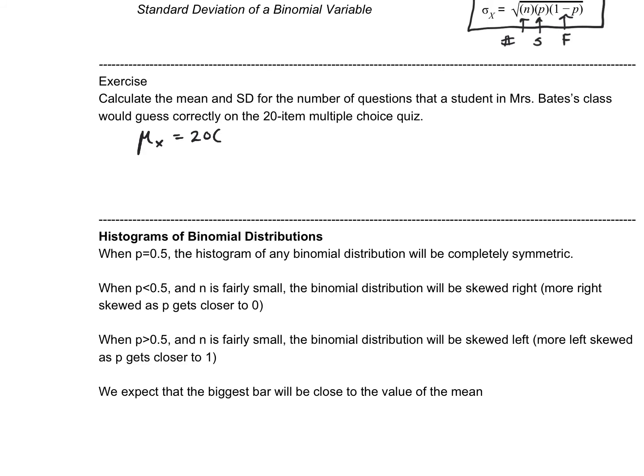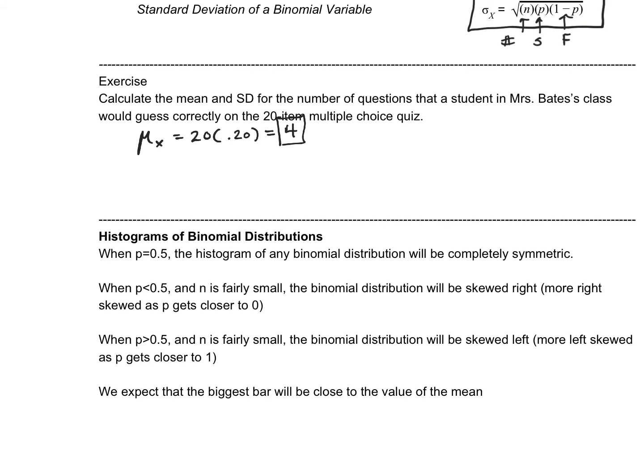Not 50%, 1/5, which is 20%. So what's the average number of items you're going to guess correctly on that 20-item test? 4. That is not passing by any means. Your average grade is going to be 4 out of 20, which is a 20% on the test. Yeah, it sucks.